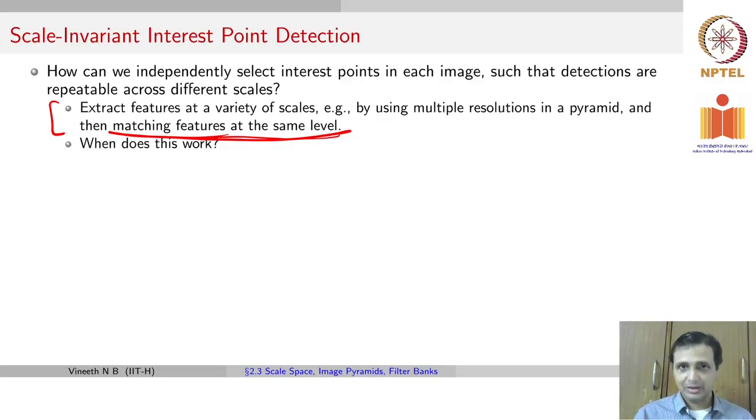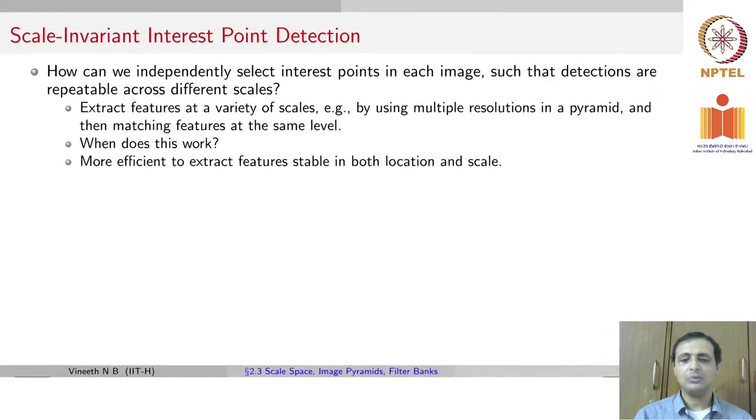But to be scale invariant, we ideally need to compare the Harris cornerness measure at a different scale in one image with the Harris cornerness measure at a different scale in the next image. So how do we do that? What we try to do now is to extract features that are stable in both location and scale. And we're going to describe how we're going to do that over the next few minutes.